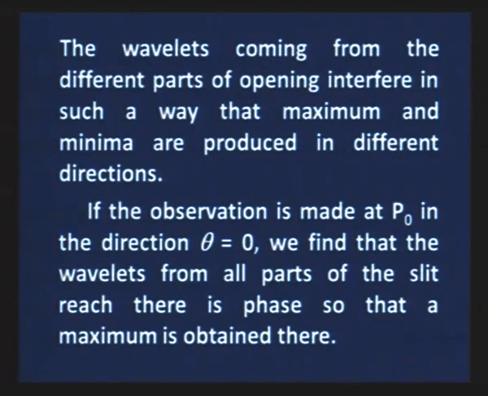These wavelets coming from the different parts of the opening interfere in such a way that maxima and minima are produced in different directions. If the observation is made at P naught in the direction theta equal to 0, we find that the wavelets from all parts of the slit reach there in phase so that a maxima is obtained there.